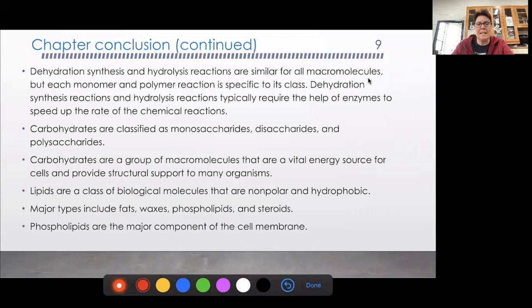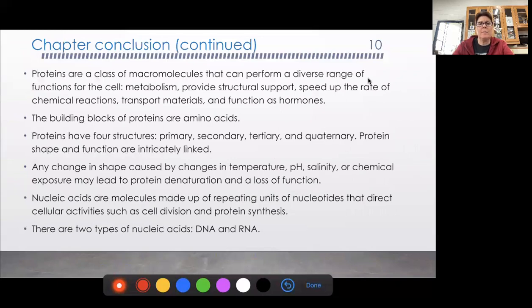We talked about the different classes of lipids, whether they're fats, waxes, phospholipids, which are important in the cell membrane, and steroids, which are used for cell signaling. And then we spent a lot of time on proteins, their different sequences, primary, secondary, tertiary, quaternary, how that relates to their function, and denaturation, things that can cause denaturation. And then lastly, we talked about nucleic acids.